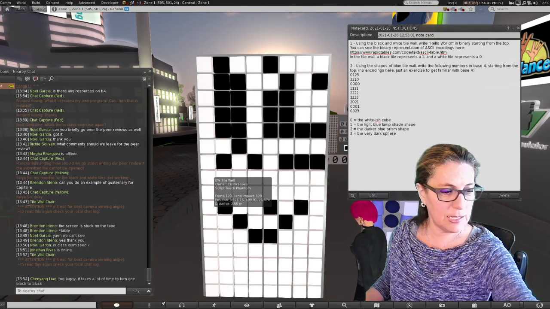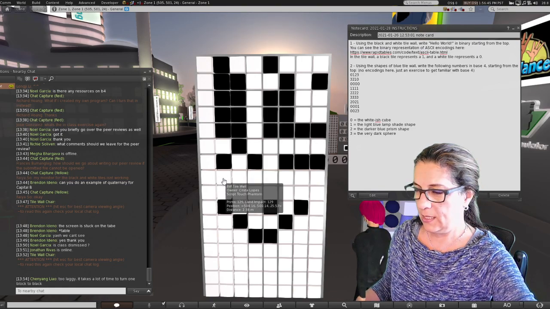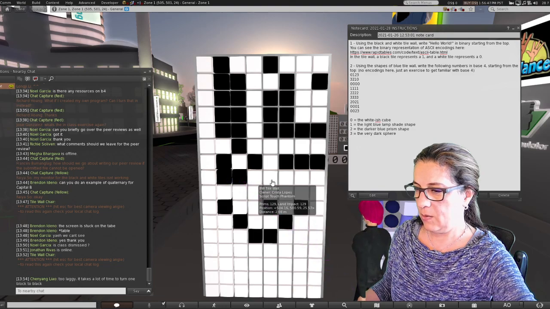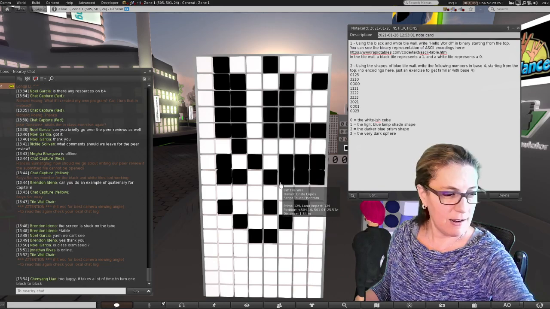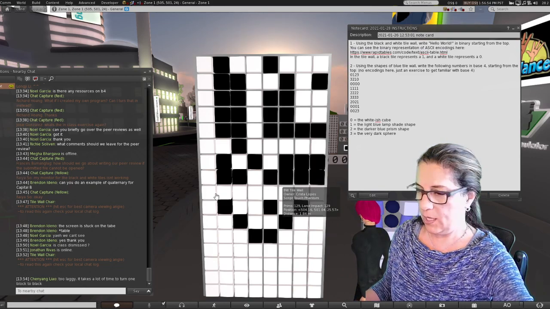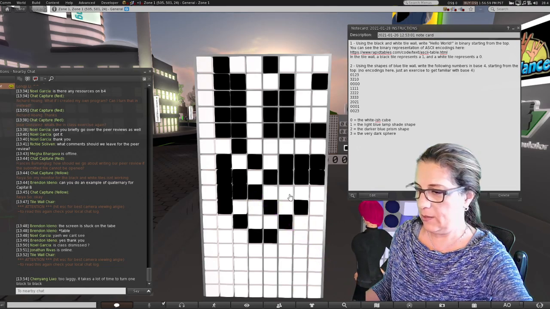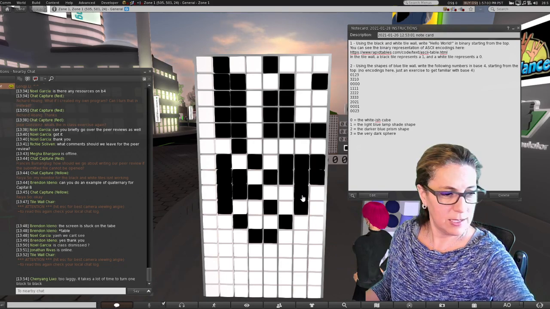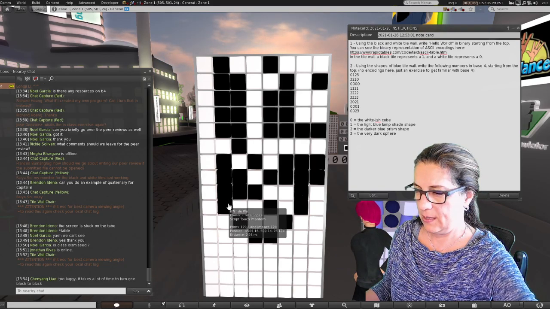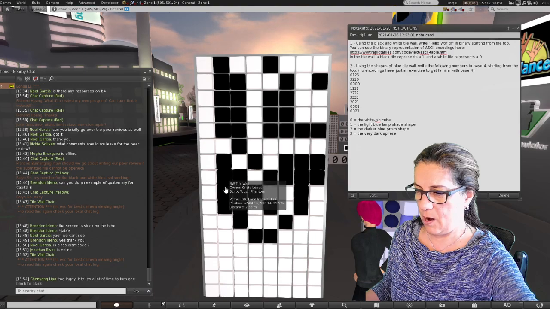The lowercase o is 01101111. R is 01110010. L is 011. I think it's this one. I lost track. W-O-R-L.